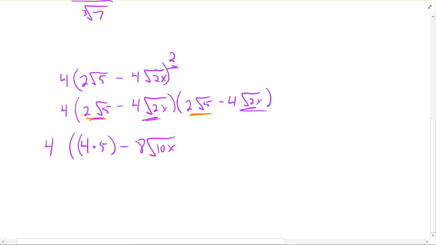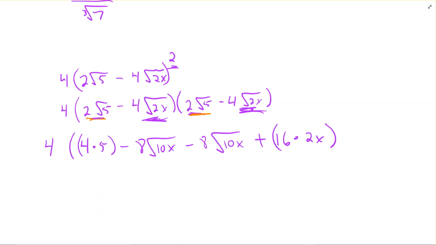Okay, now this one and this one. So that's going to be negative 8 square root 10x. And then the last one's going to be that and that, so that's going to be plus, because we've got a negative and a negative, so plus 16 times 2x. And I've got one more bracket to put there.